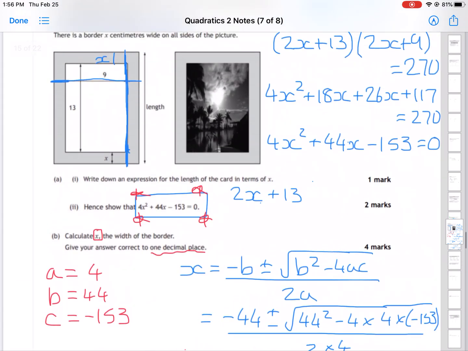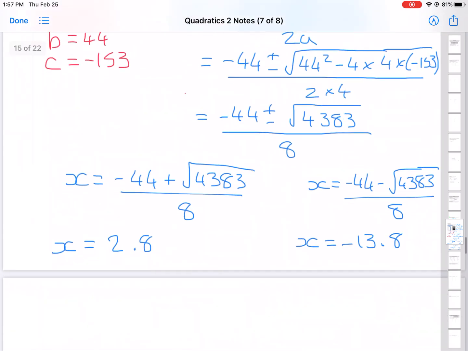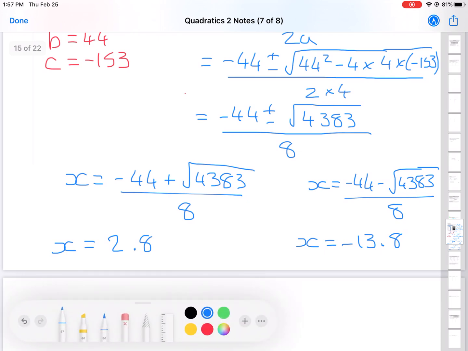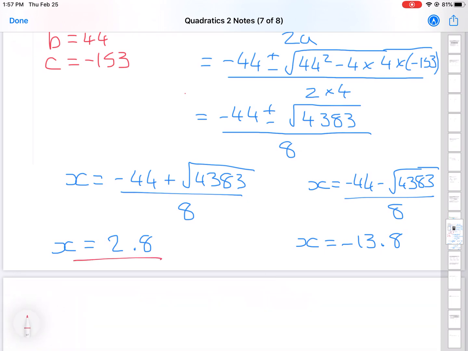We are told that x is a width of the frame, or the border round the picture. So a width is a length, which means it has to be positive. So therefore, our final answer is x equals 2.8, and we have to discard the negative answer.